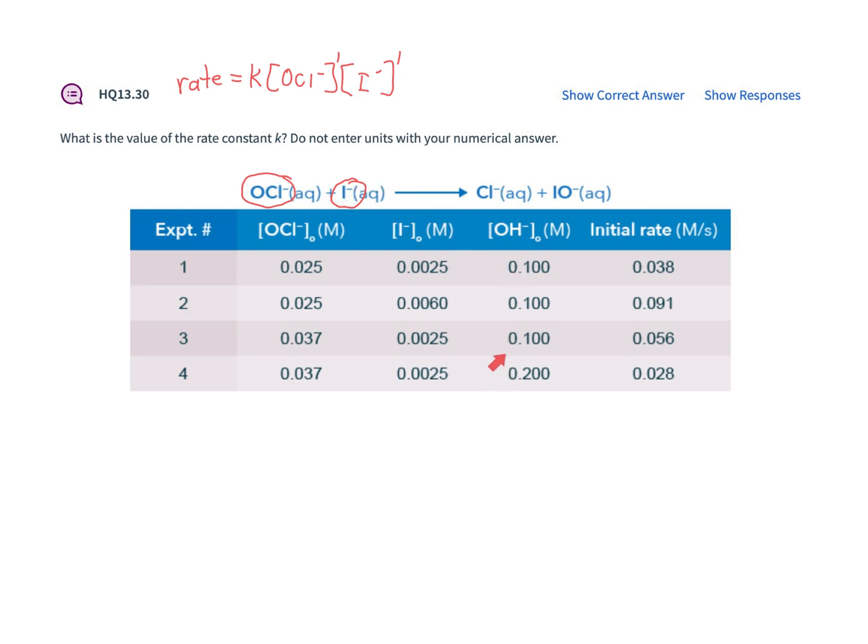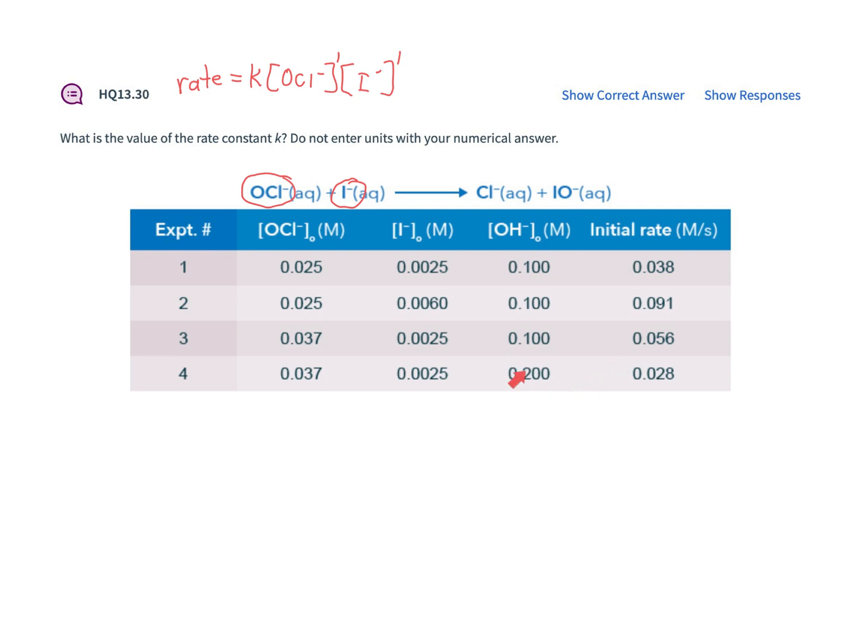If we look at experiments 3 and 4, the concentration of hypochlorite stays constant, the concentration of iodide stays constant, and when we double the concentration of hydroxide, the rate of the reaction decreases. It gets cut in half.